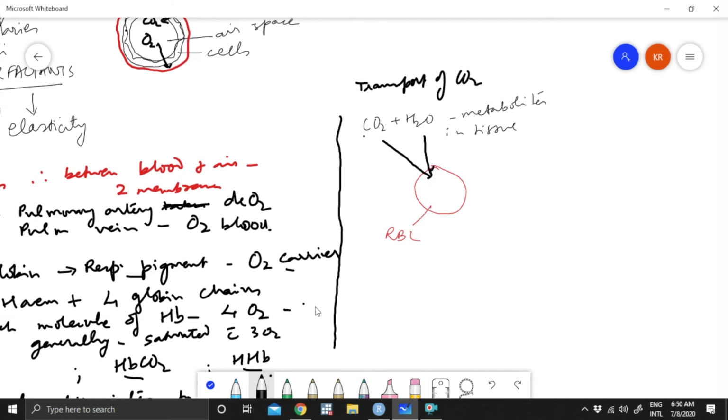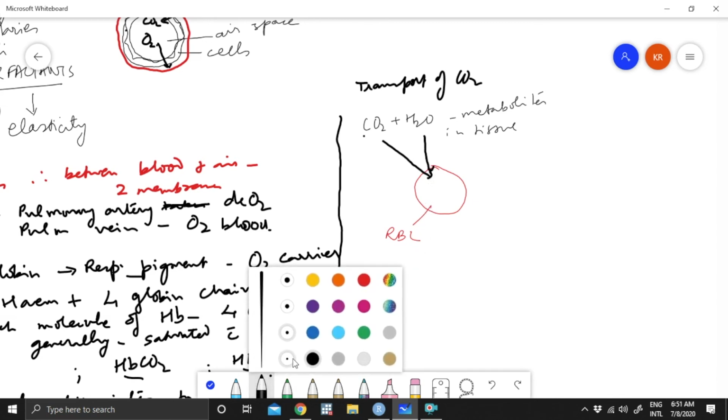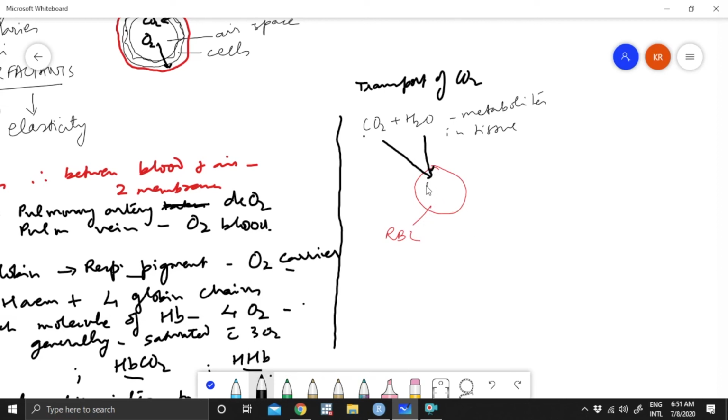And once they enter inside, they form something called H2CO3. So H2CO3 is carbonic acid. And this carbonic acid now dissociates very quickly inside the RBC as H plus and HCO3 minus.